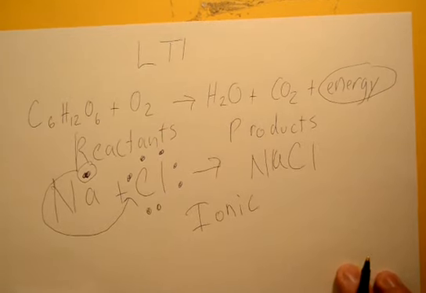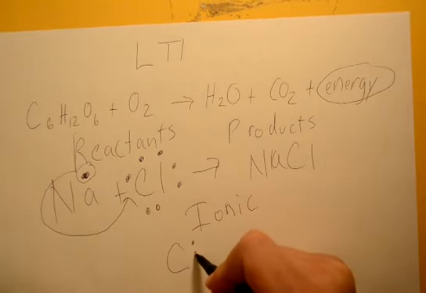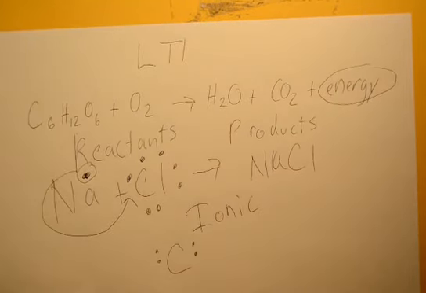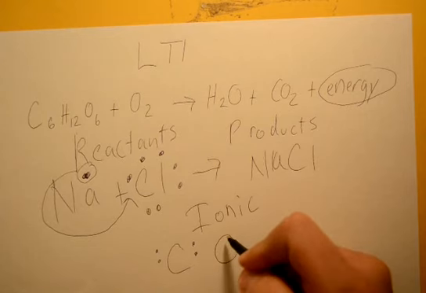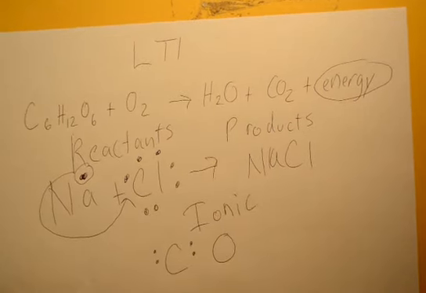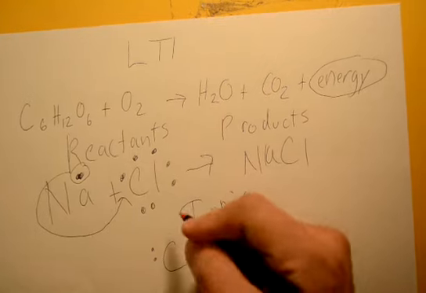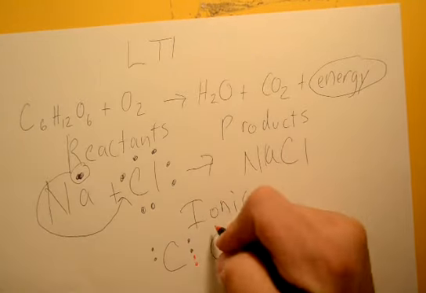So, if you look at a periodic table, carbon has 4 valence electrons. Okay? Oxygen has 6 valence electrons. So we'll use red to represent the oxygen valence electrons.